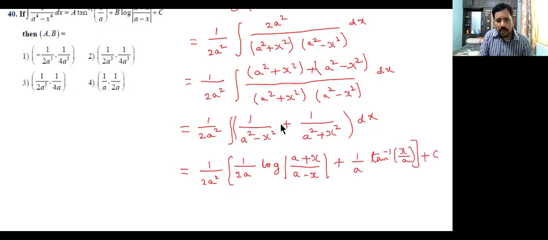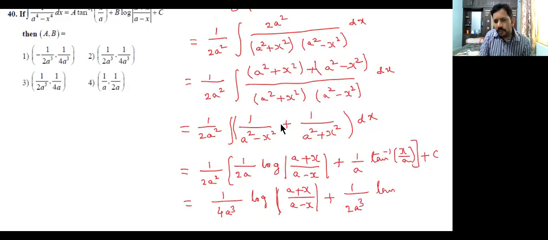Now multiply. What happened? 1 by 4a cube logarithm of modulus a plus x by a minus x plus 1 by 2a cube tan inverse x by a.